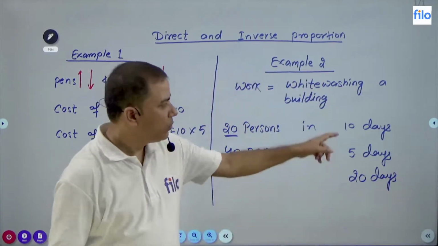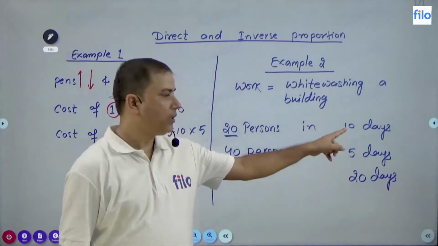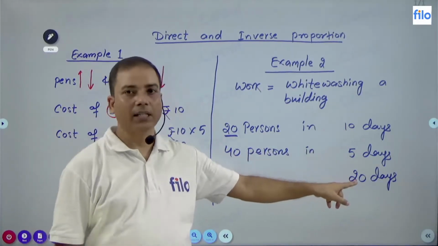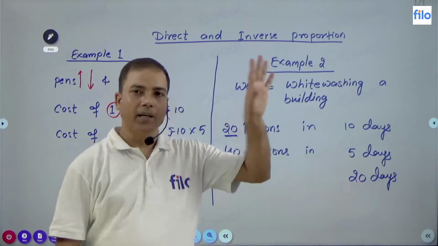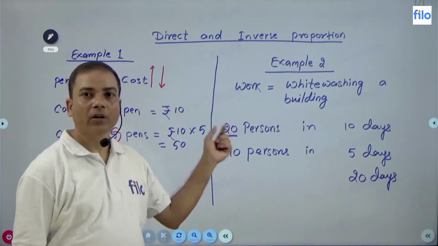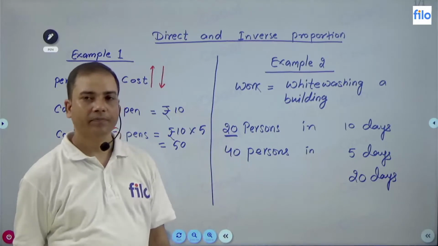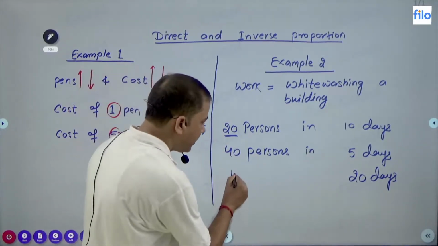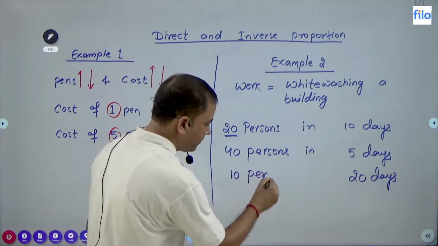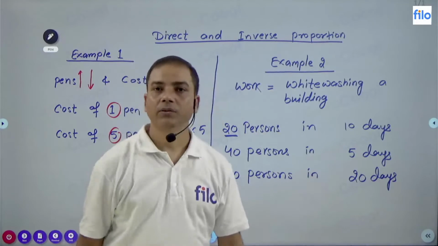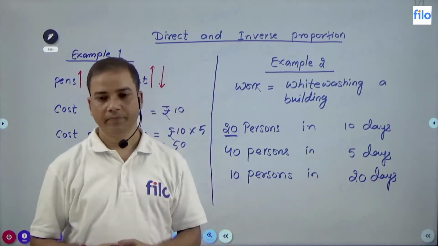So you are increasing the days. Earlier it was 10 days, but now you want it in 20 days. So do you want more people than 20 or fewer? You will need only 10 persons in 20 days to whitewash the same building.